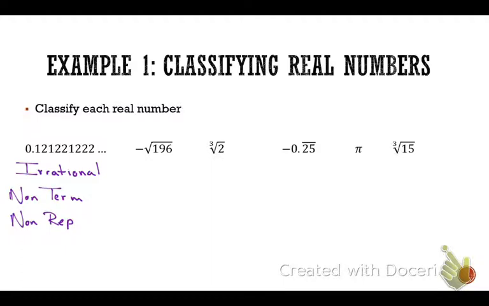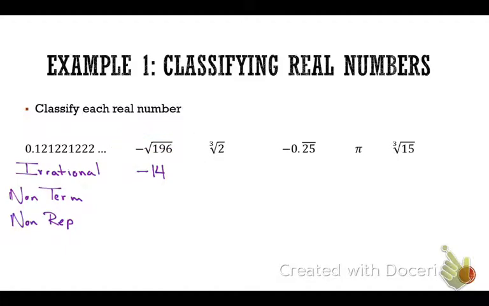Now let's look at the next number. What's the square root of 196? 13? No. Don't get out your calculator. 14, and negative 14. Thank you. Yes, that was on just yesterday. Most of you got that. So the square root of 196 is 14, so negative 14. You have to evaluate that. You can't just look at it and say rational or not.